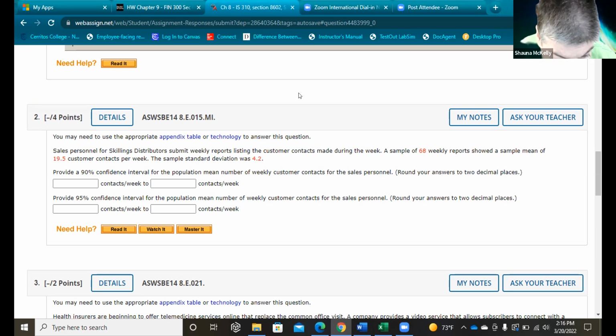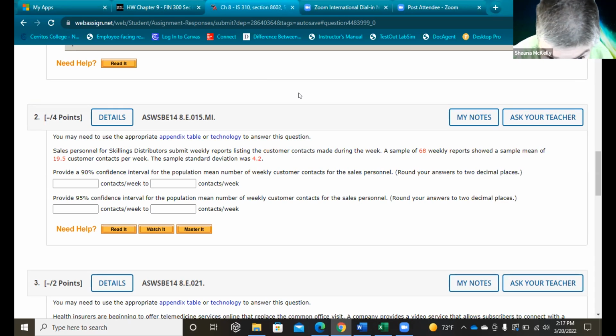Then it should give you x bar, Sx, and n. So where it says x bar, put in 19.5. Where it says standard deviation, put in 4.2. And where it says n, put in 68.